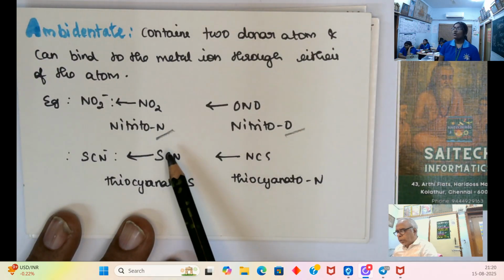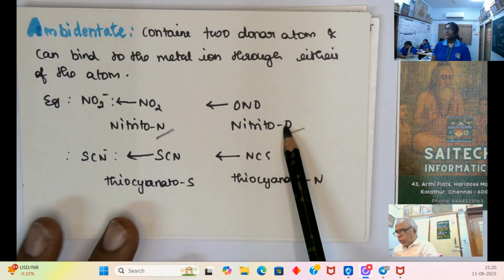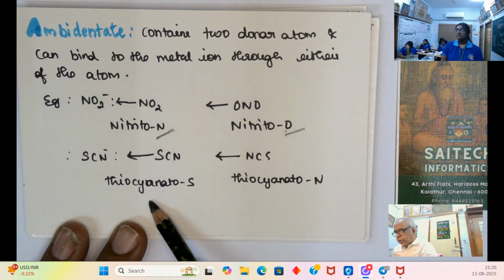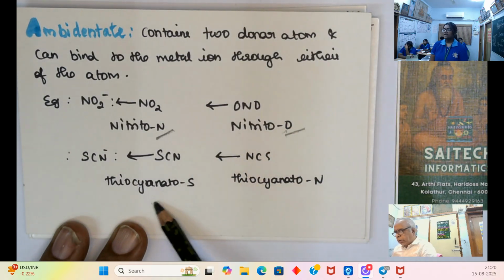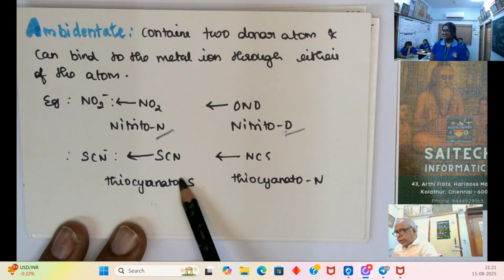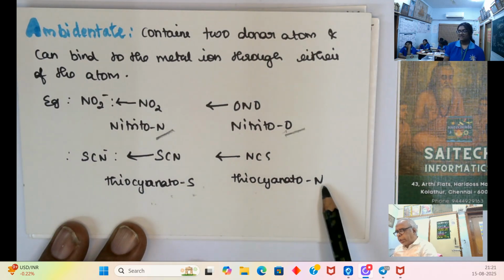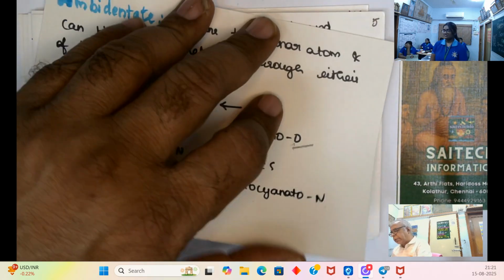Nitrito, O, if O comes in front, that is ONO, so it is connected through O with the central metal. Similarly with thiocyanate: thio means sulfur, so it is connected through sulfur. Isothiocyanate means it is connected through N, nitrogen.